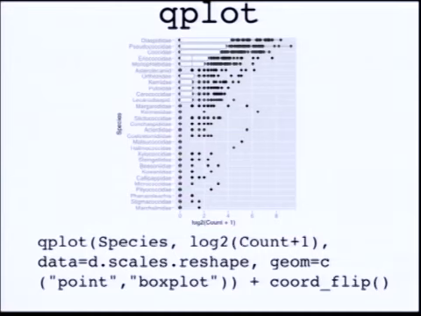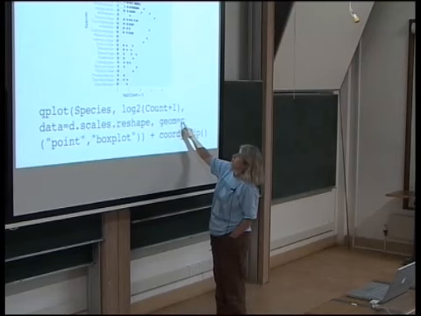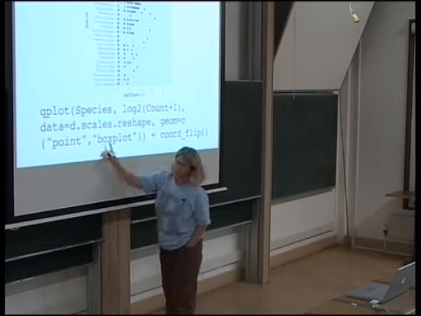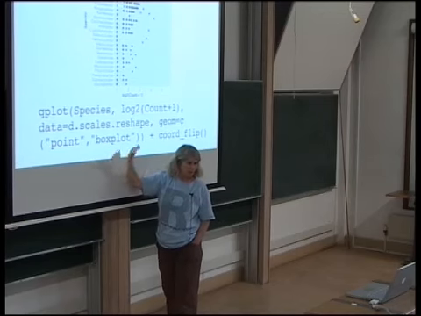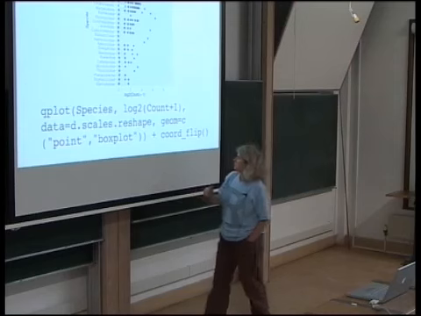So if you want to do something a little bit more sophisticated, still much of it's the same. Quick plot, x, y. I'm putting the transformation in here, but I could also put a transformation elsewhere. So I'm logging the count variable. Here's my data frame, and I want it to do both points and a box plot, so I can overlay two different geometries on there.